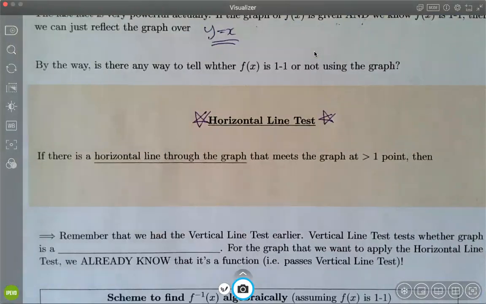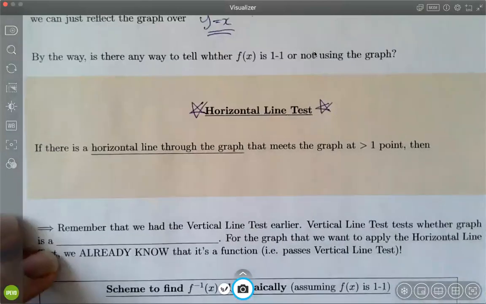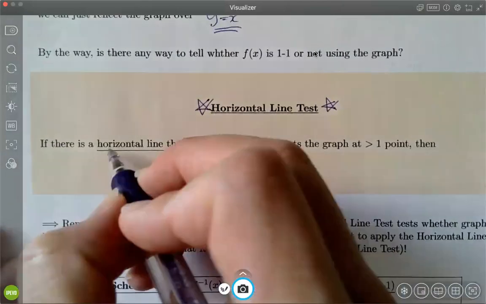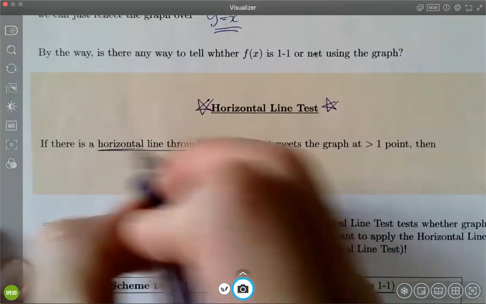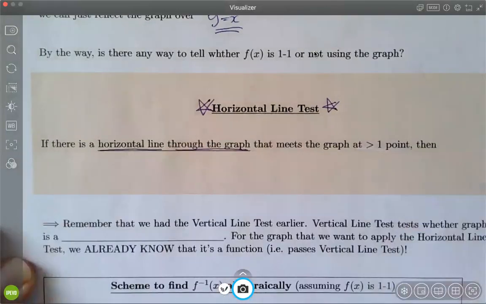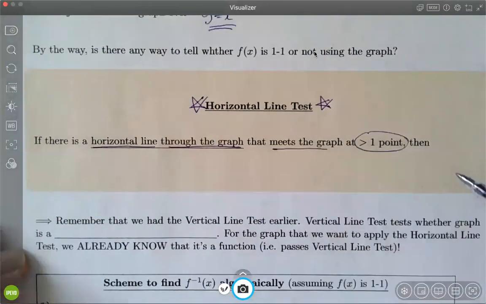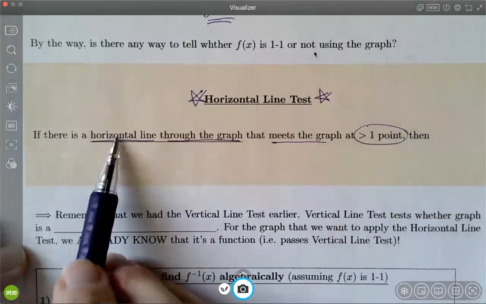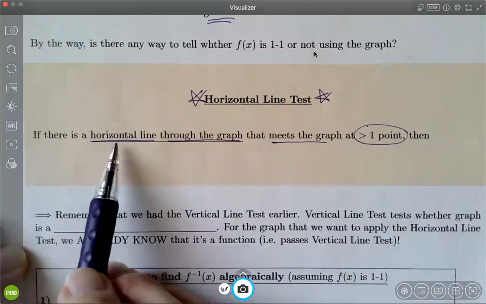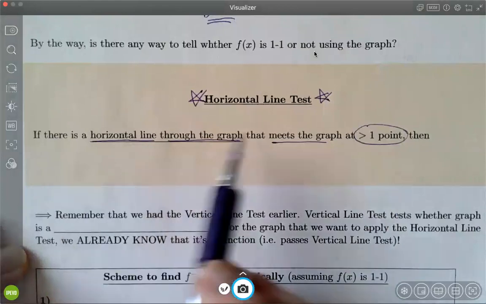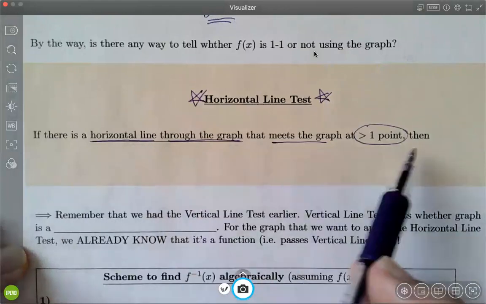So basically, the statement is nearly identical. Suppose there is a horizontal line through the graph that meets the graph at more than one point. Now, if you replace this horizontal line by a vertical line, what's the conclusion? If there's a vertical line through the graph that meets the graph at more than one point, it's not a function, right?